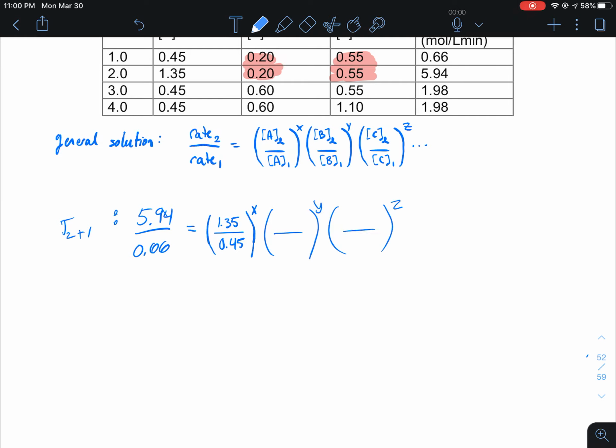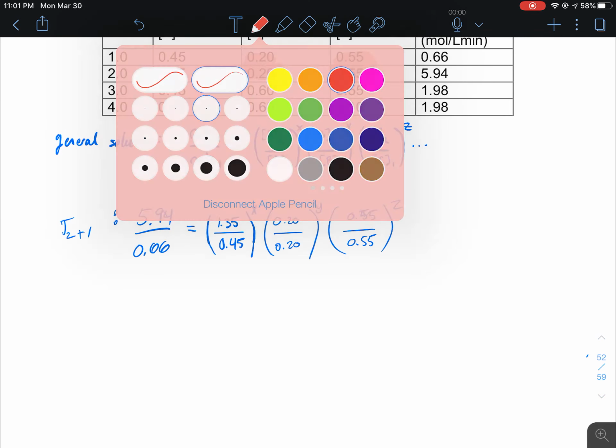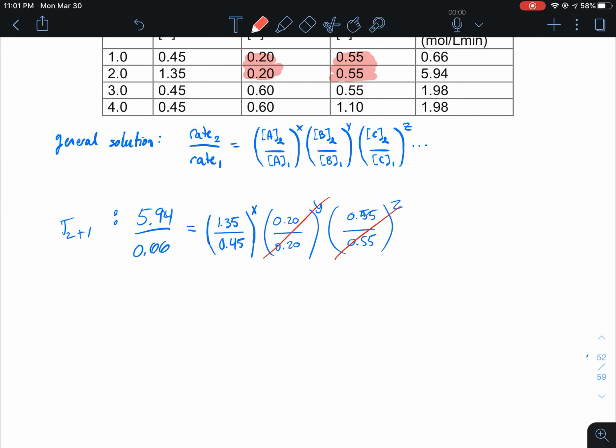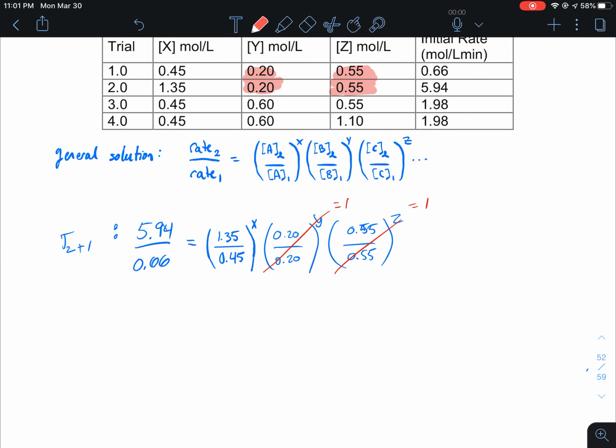Y, Z. You can see my writing gets worse as I zoom out, but that's okay. Okay, so in this first setup, we notice that because these are the same, we can cross those out. They all equal 1 because they're all going to be 1 to the power of something. And so we only care about the value for x in this case.